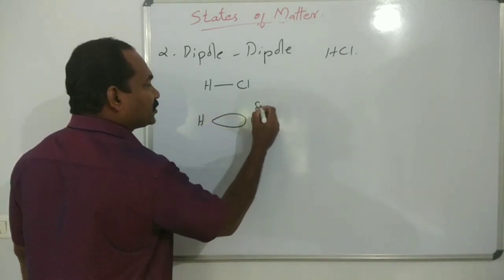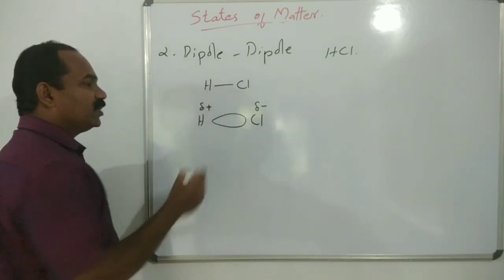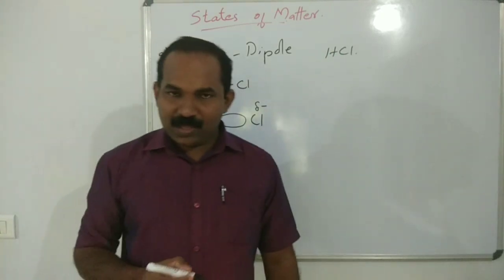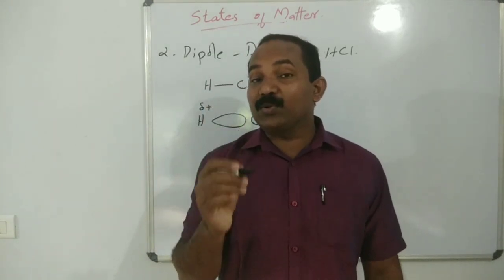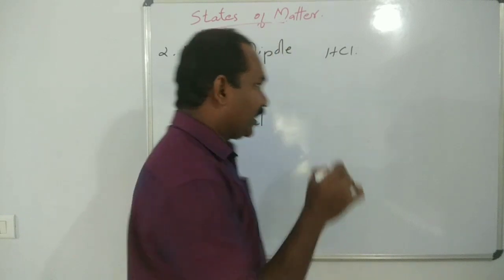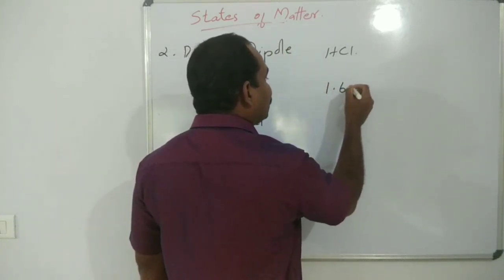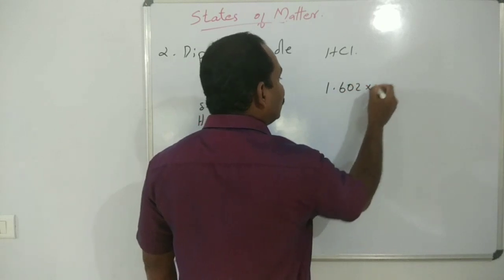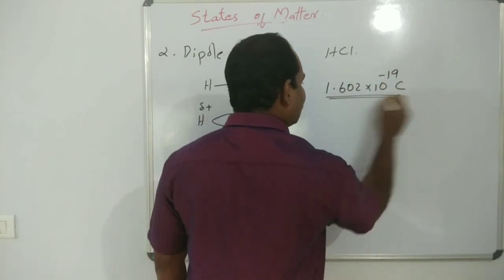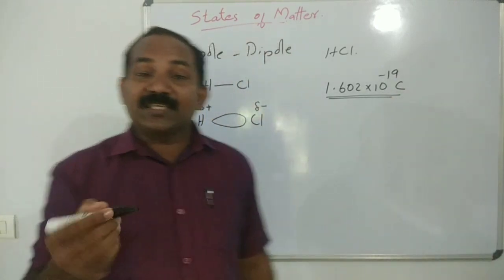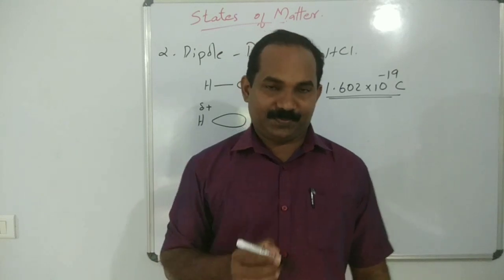Chlorine gets a partial negative charge, hydrogen gets a partial positive charge, and the partial charge is less than the unit electronic charge. I think you know the charge of the electron: 1.602 × 10^-19 coulombs.